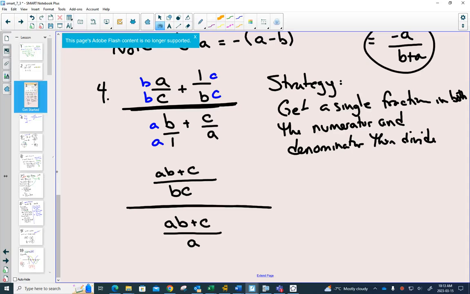What's the rule for a fraction divided by a fraction? Multiply by the reciprocal. So this is going to equal, the top one's going to stay the same, multiplied, and the bottom one is going to be the reciprocal.